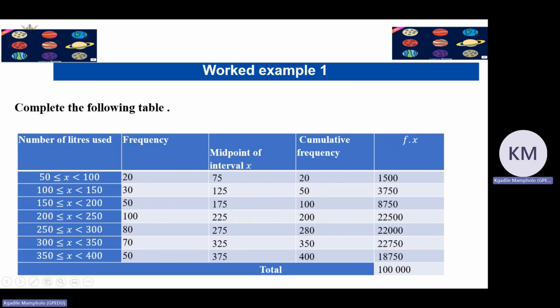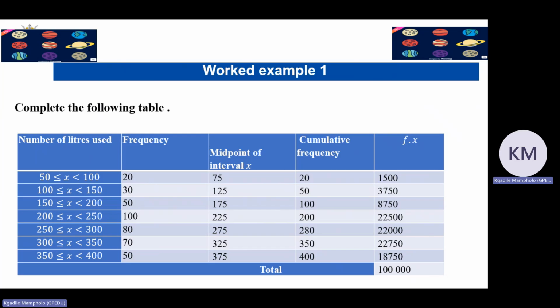Now, here is the frequency times the midpoint. We'll say 20 times 75. You get all these values. 30 times the midpoint, as you do when you calculate the mean. By doing this in the table, it becomes easier when you calculate the estimated mean, because you will not need to say midpoint times frequency.